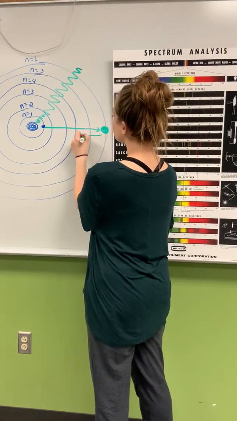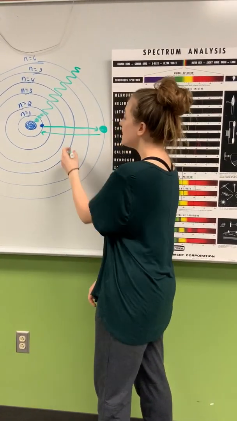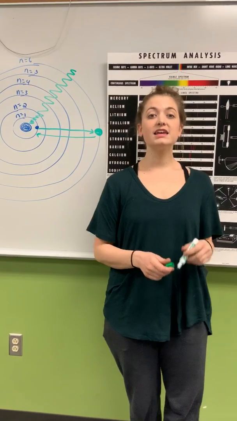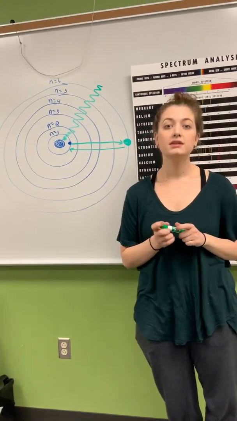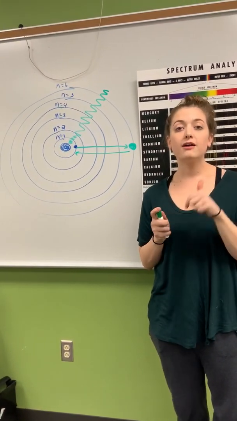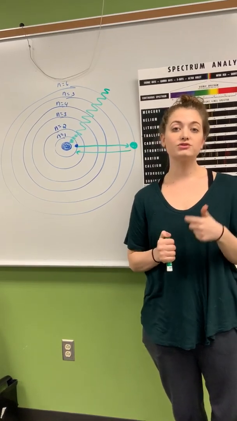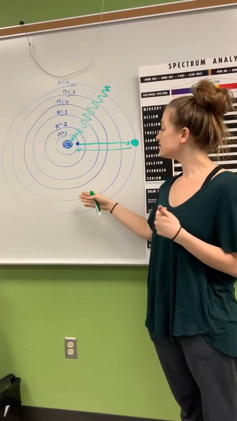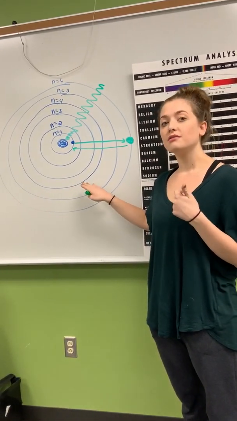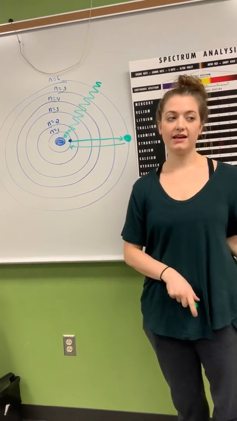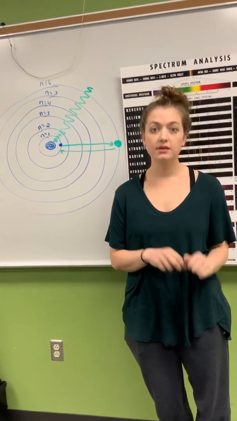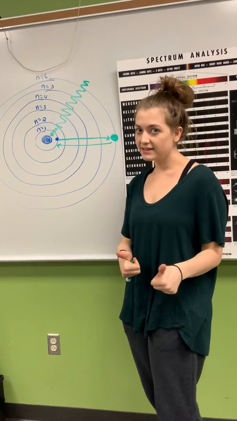When this electron travels back down to its ground state, it releases light in a certain spectrum. We are going to be looking for those distinct spectral lines for each type of molecule that we will be analyzing throughout this lab. I hope that makes sense.